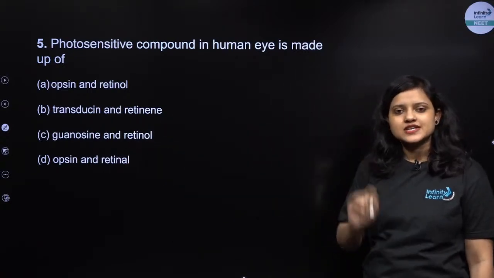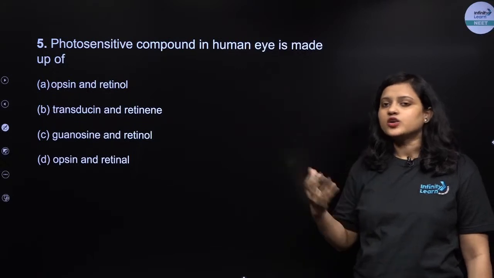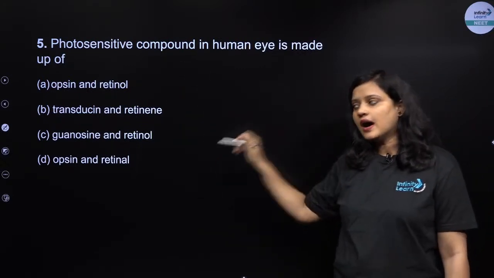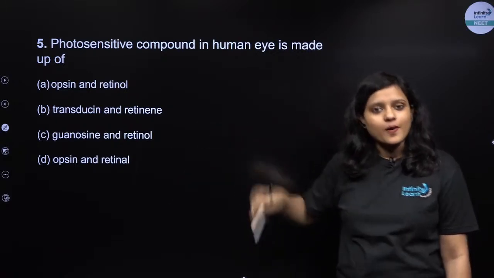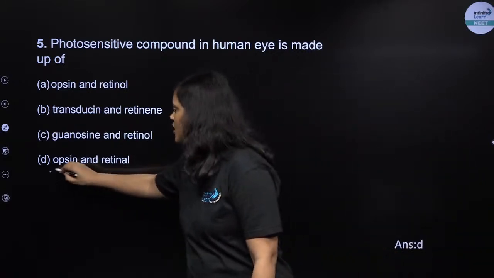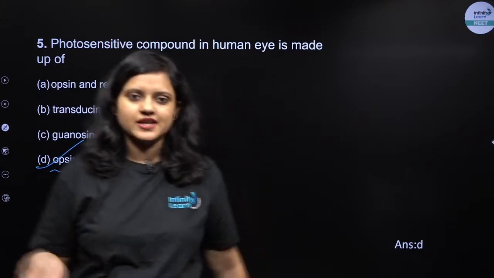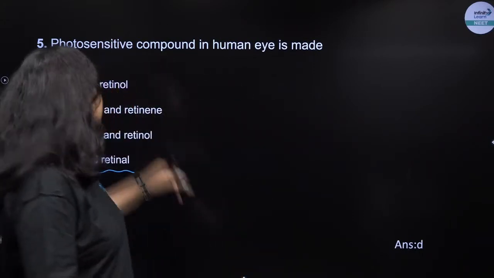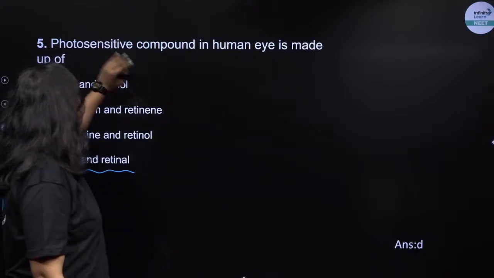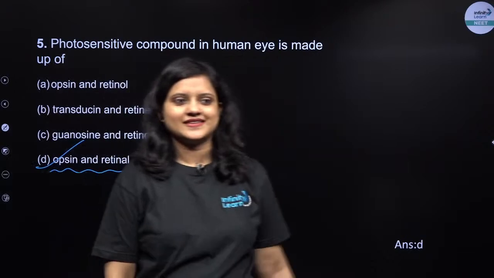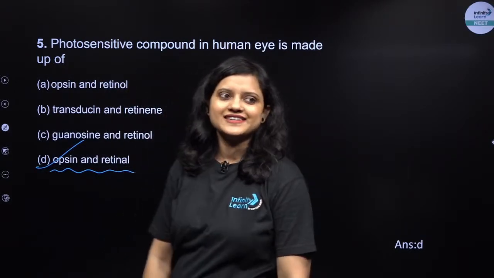Just now we have discussed that not only retinol is a photosensitive compound, but apart from retinol, opsin is also there. So the correct option will be D. Opsin and retinol both are the photosensitive compounds which are present and help in vision.